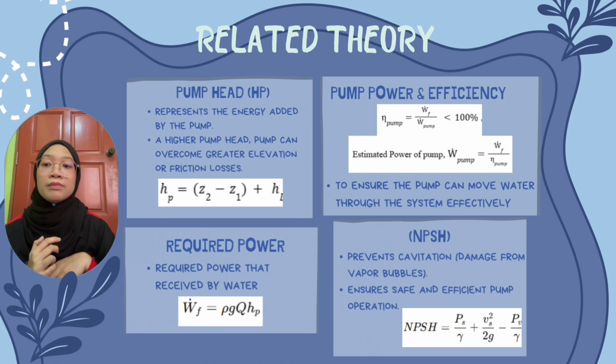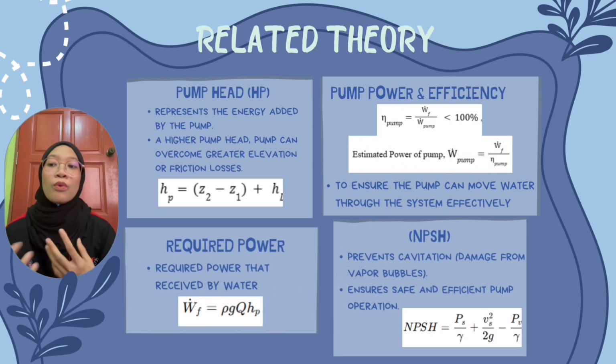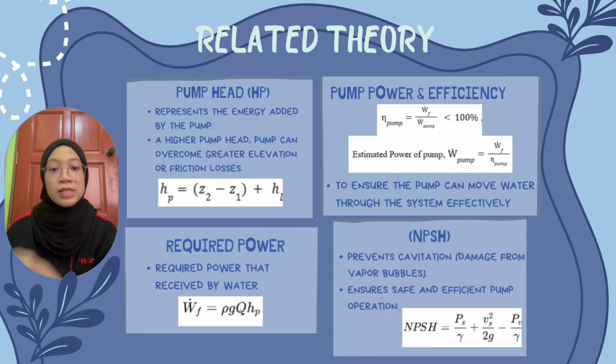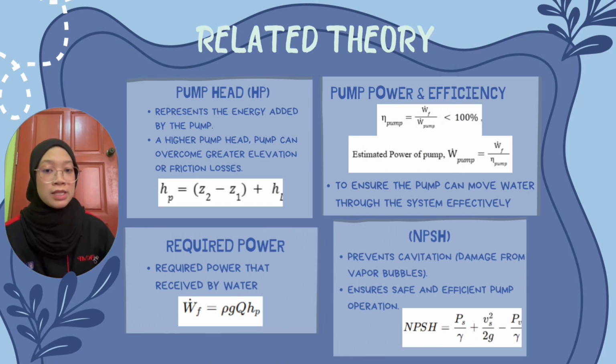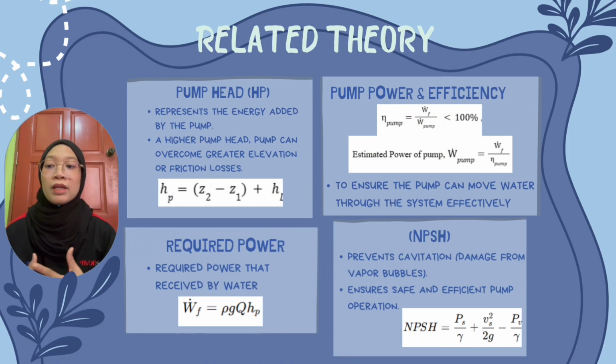Next, we can determine the required power, which is the power received by the water in the piping system. It can be determined using required power equals rho g Q Hp, where rho g is based on the density of the lake water, and Q is the volume flow rate of 0.01 meter cubed per second, and Hp is the head pump determined previously.